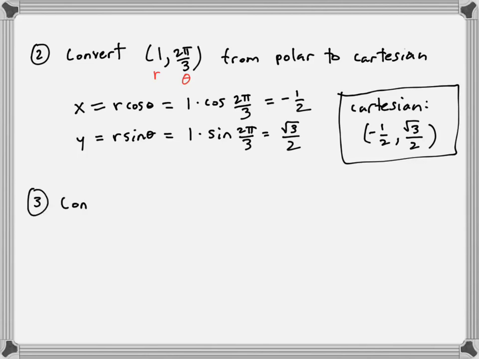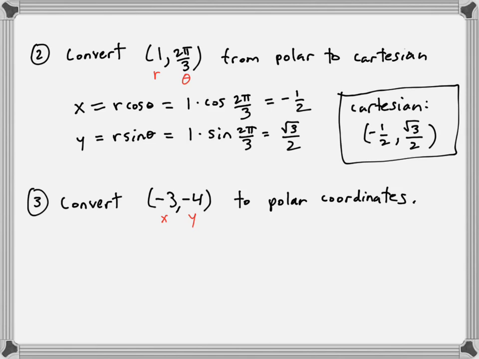So let's convert, for example, the point -3, -4 to polar coordinates. Okay, this means that that's our x and that's our y. By the way, remember to always check what quadrant something is in, okay?